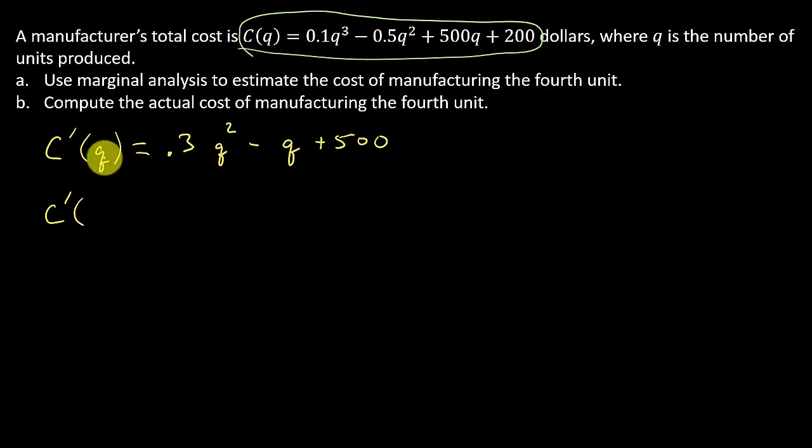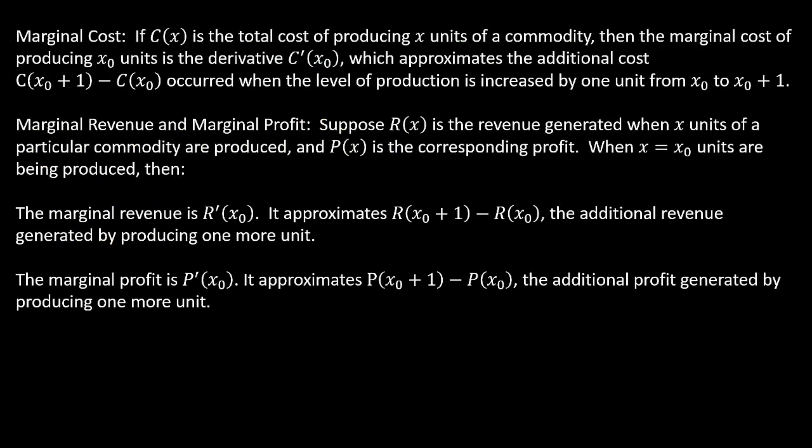So we evaluate this at 3, not 4, but 3, because remember, when we calculate it at C prime of X naught, in this case X naught is 3, and X naught plus 1 is 4, because we're going from the third to the fourth unit.